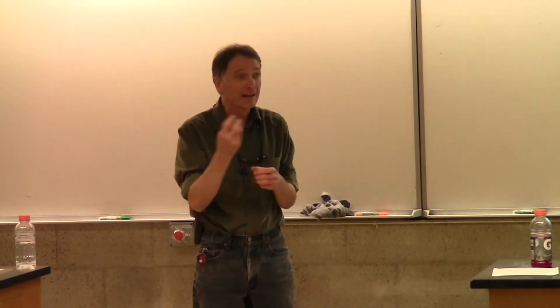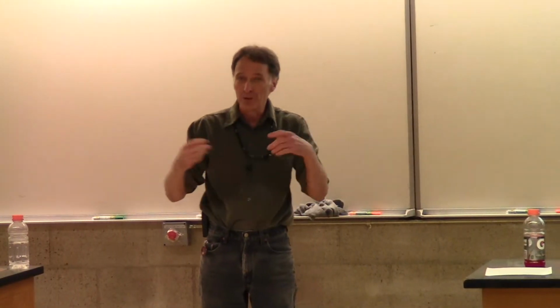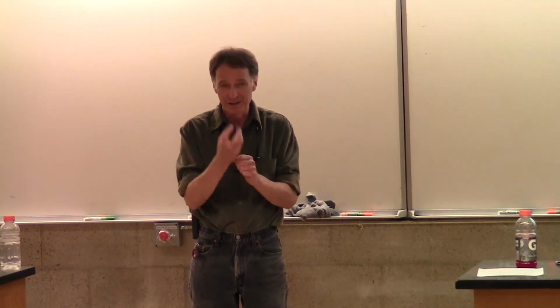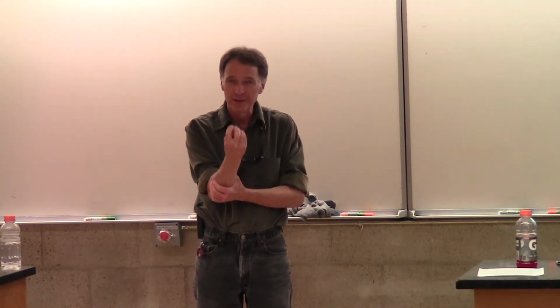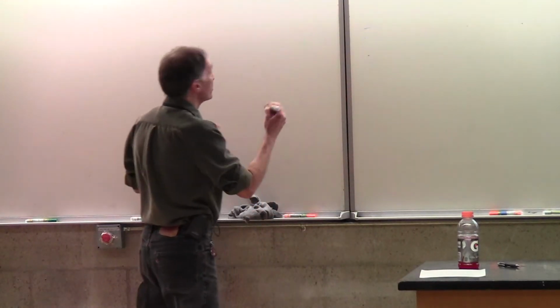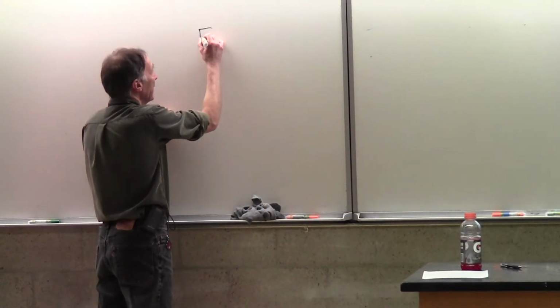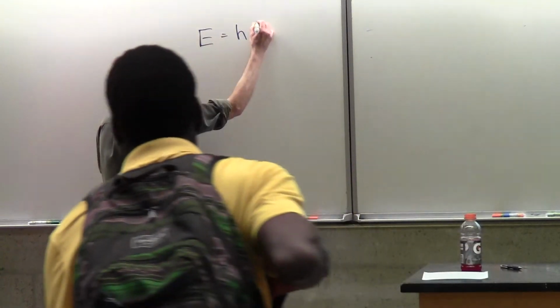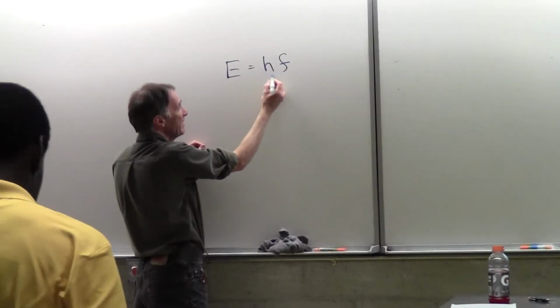He didn't call them photons, and Einstein didn't even call them photons, but they've come to be known as photons, this idea of a bundle of energy of light. That energy depends on the frequency. The energy is Planck's constant times the frequency.